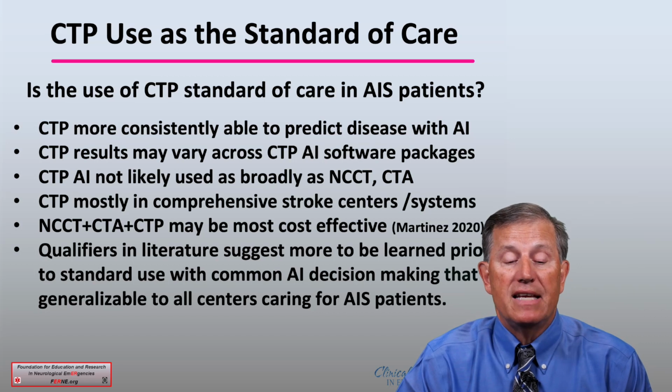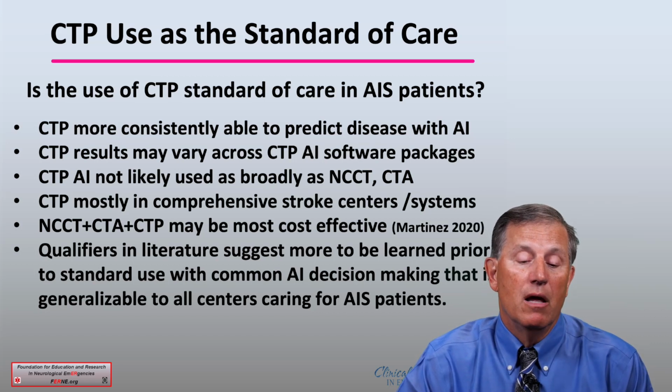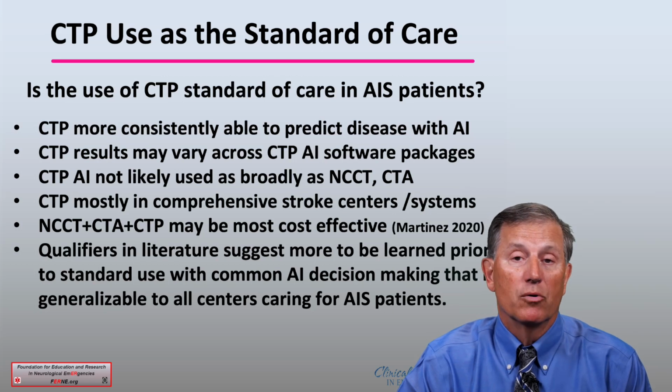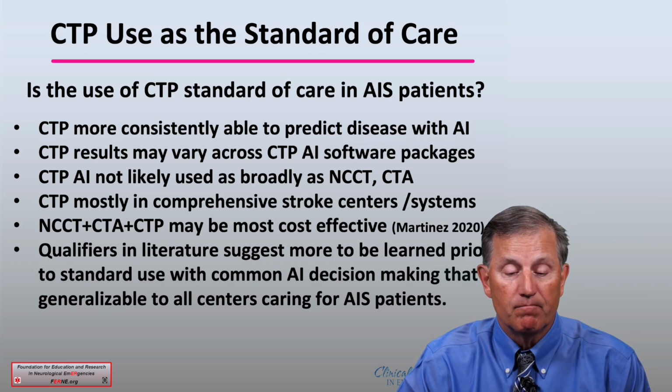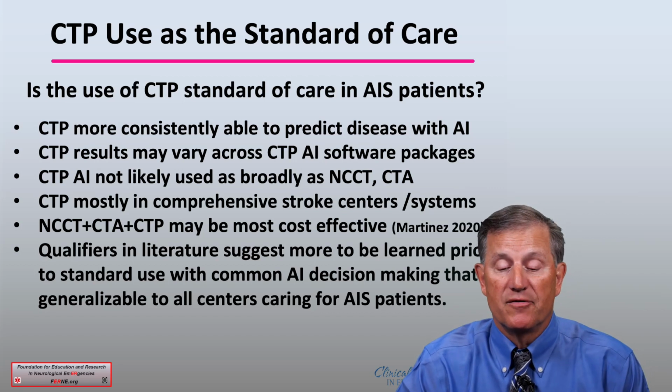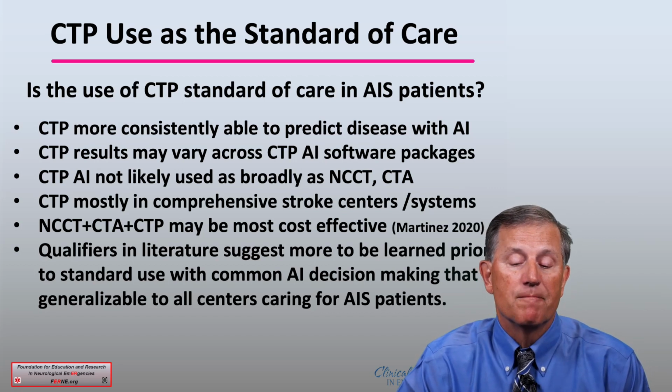And we know that CTP and its AI calculation component are not likely used as broadly as our NCCT and CTA, the other two parts of our multimodal CT approach. We know that CTP is most often used in comprehensive stroke centers and systems.